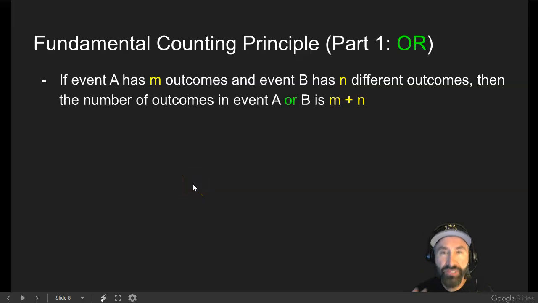Now, the gist of this presentation is supposed to help you understand how to count so that you can calculate probability. One part of counting is the fundamental counting principle, and there are 2 parts to it.